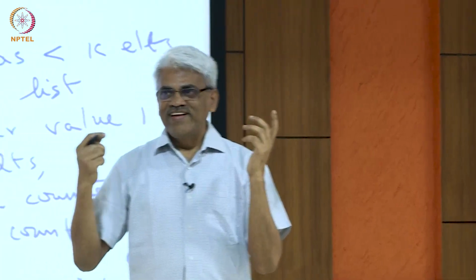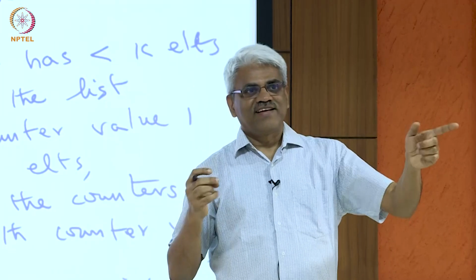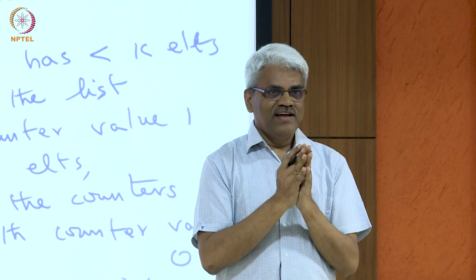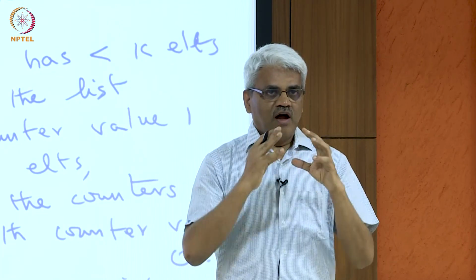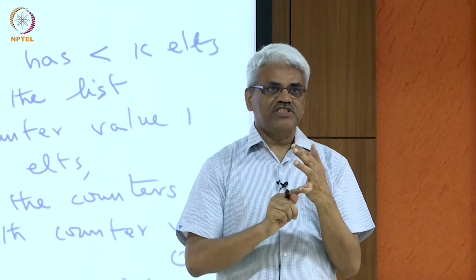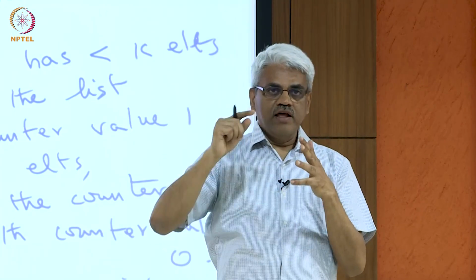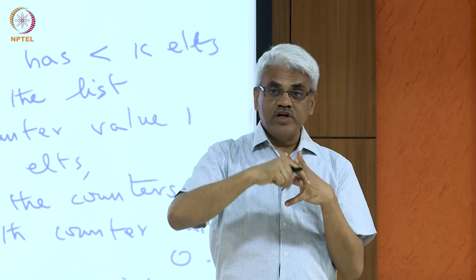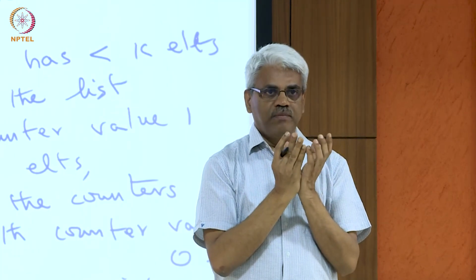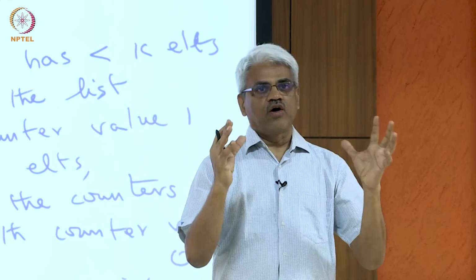This is a revision of your basic data structures. So my question is, how do you maintain this list so that you can search? Because I want to know whether this y is equal to some xi, and if it's not, then I also want to insert it. So what data structure do I need to maintain so that I can insert and search in logarithmic time?